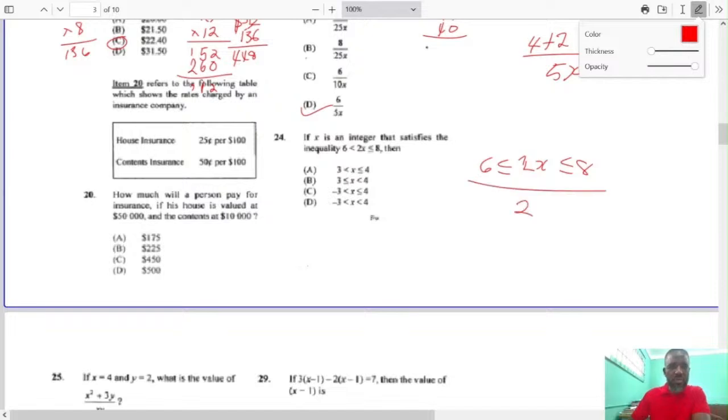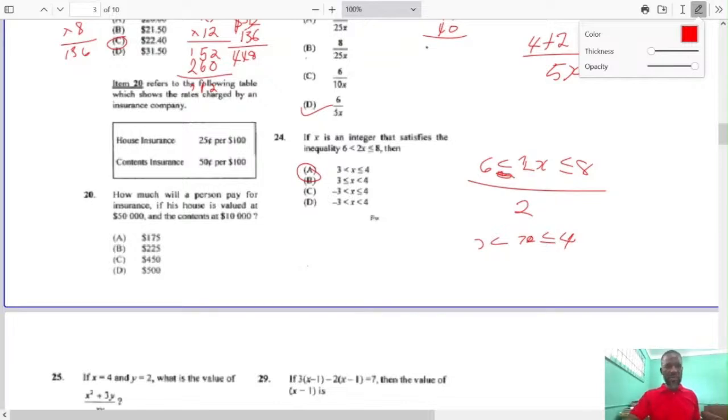So 2 into 6 will go 3 times, 2 into 2 goes 1, and 2 into 8 goes 4. So we have 3 less than x less than or equal to 4. So 4 can be a part of the solution, but 3 cannot be a part of the solution. So when we look here, our answer is E. So that's the solution.